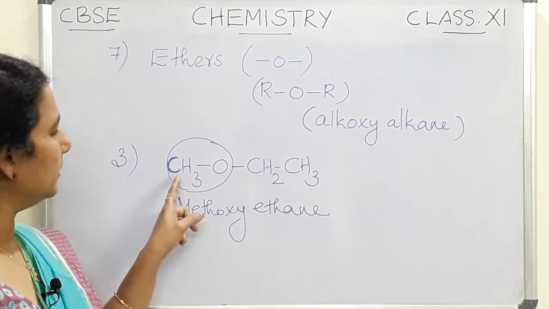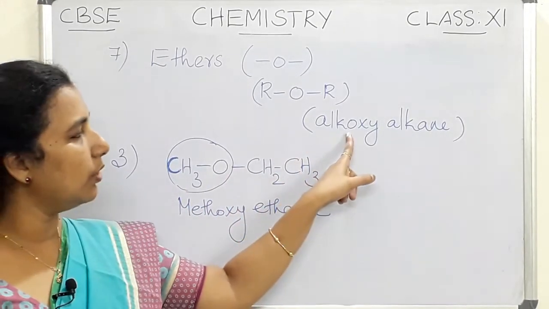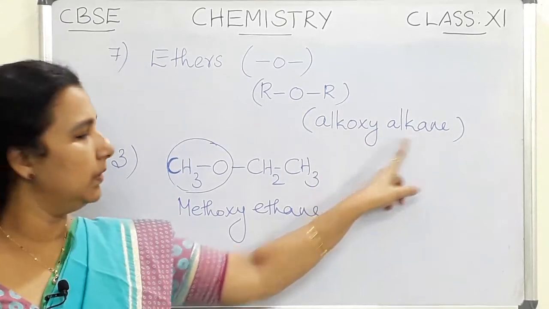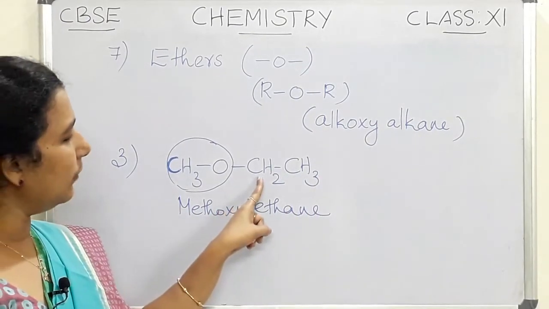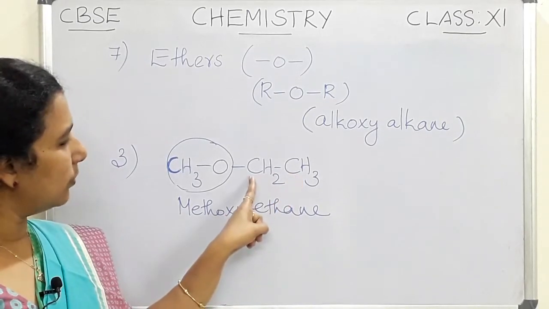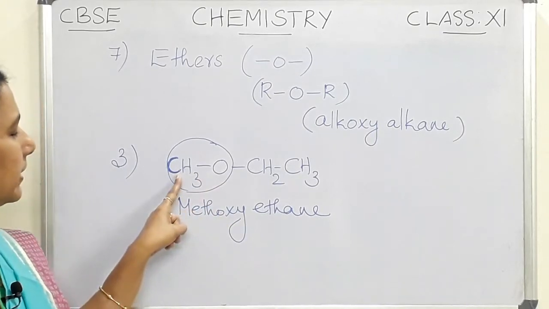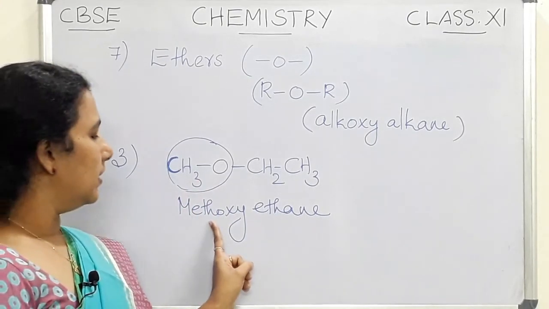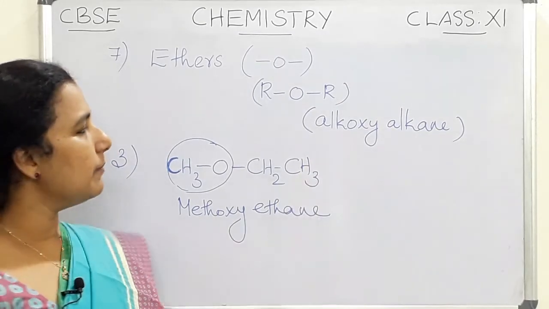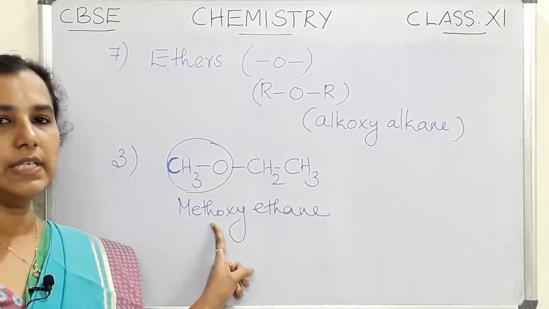In this example the alkyl groups are different. So in order to find out the alkoxy group or the alkane group, we have to check the number of carbon atoms. If the number of carbon atoms is more, that side is considered as the alkane part, and the side with fewer carbon atoms should be selected as the alkoxy part. So the name of this compound is methoxyethane.